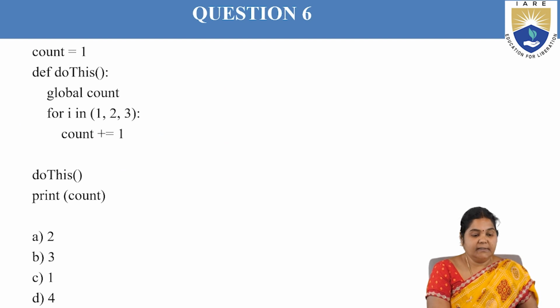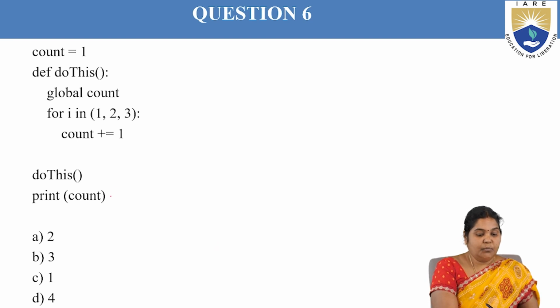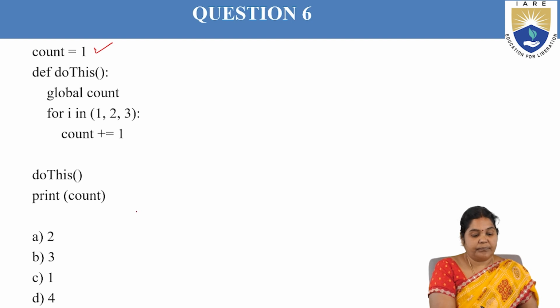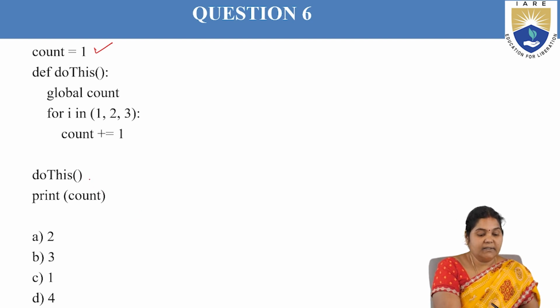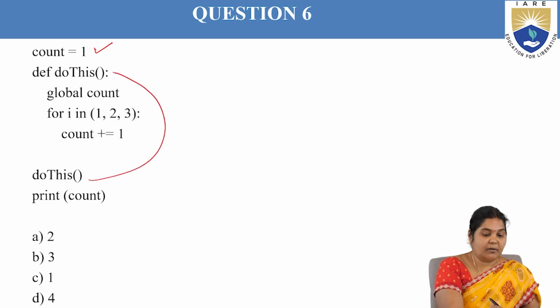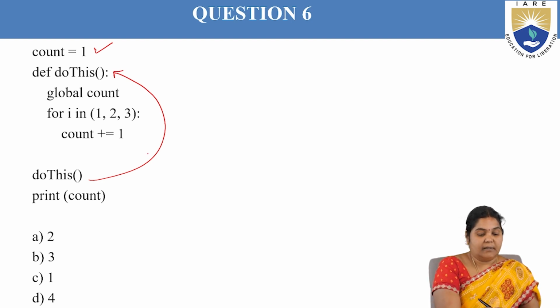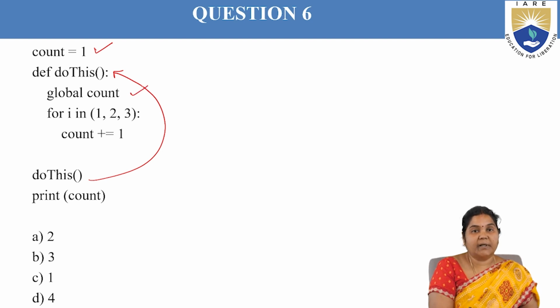Now, in this question, a small function is available called do this. Initially the count value is 1 and we are calling this function. When we call this function, count is a global variable because of the global declaration.